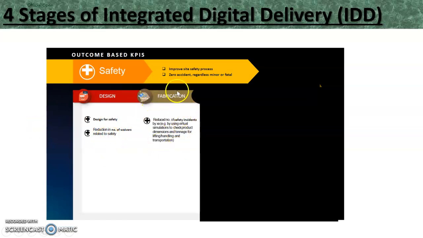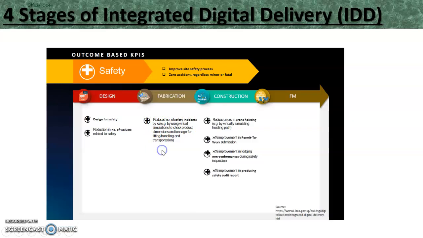The fabrication team can say that they are going to reduce the number of safety incidents by a certain percentage. The construction team can say that they want to reduce errors in crane hoisting, for example, by virtually simulating the hoisting path, or they want to have percentage improvement in the permit to work submission, percentage improvement in lodging non-conformances during safety inspection, and percentage improvement in producing safety audit reports.